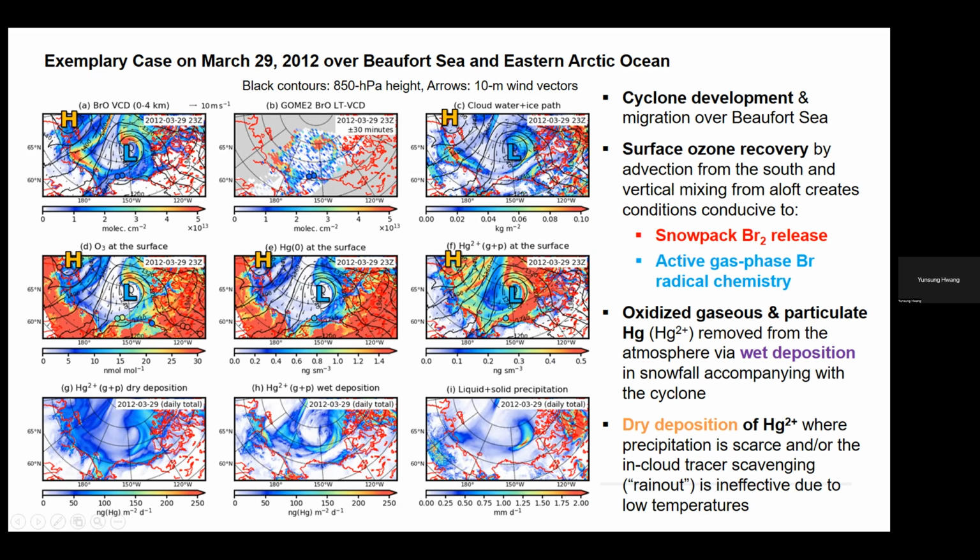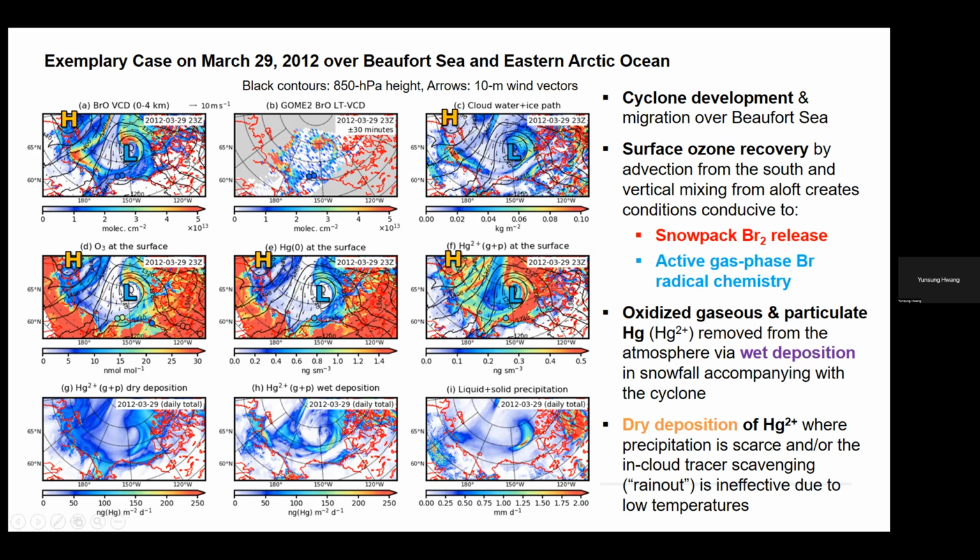And there is also another region where you see a very high BrO. That's actually the region where the ozone was carried from the Barents Sea very rapidly. So these two areas have a very, very high BrO concentration because the Br2 source term over the sea ice is associated with the levels of oxidants in the surface air.